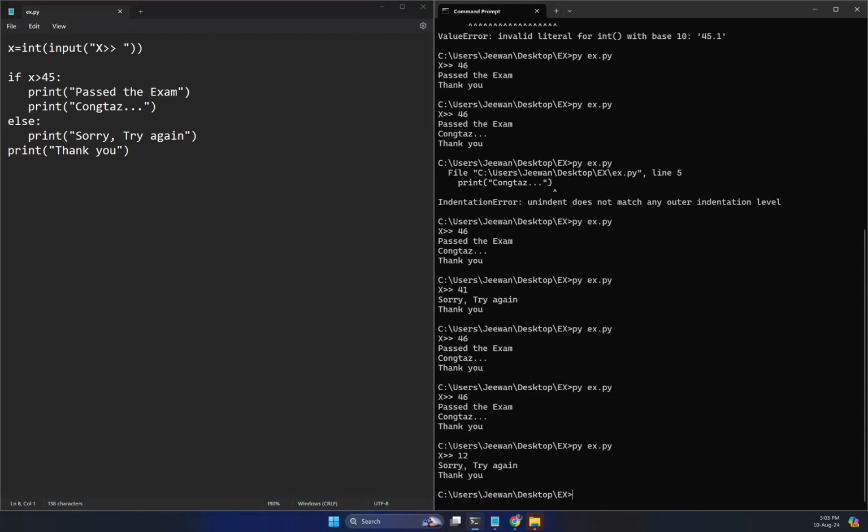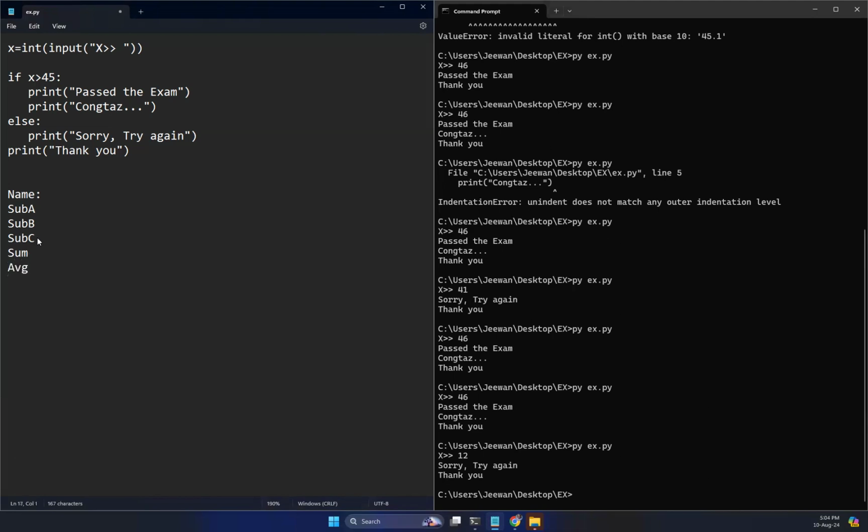Now, what I want you to do is ask the user to enter the name of the user, right? Get the user name. And let's say subject 1. You need to get subject A marks, subject B marks, and subject C marks, and thereafter get the total, get the sum, and calculate the average.